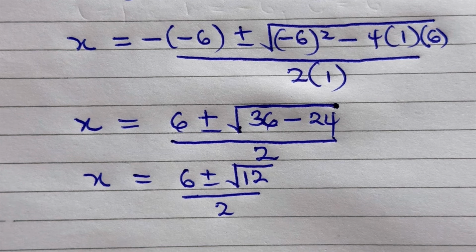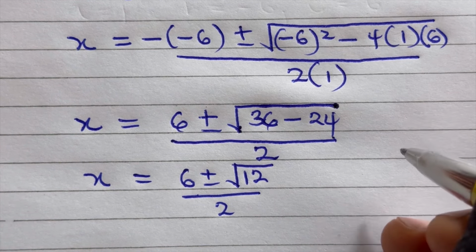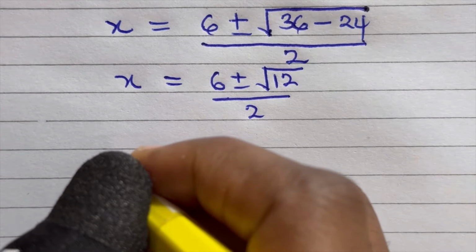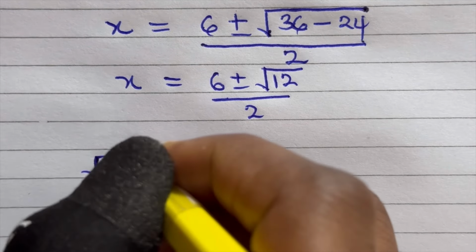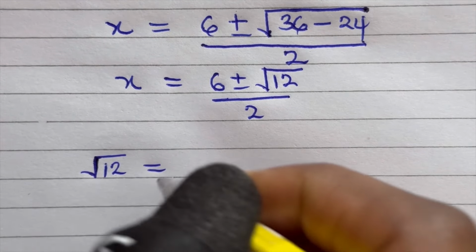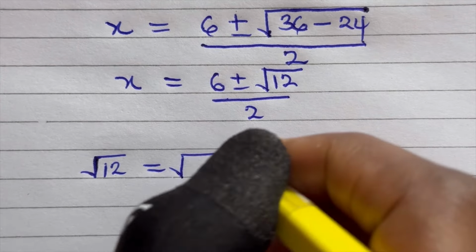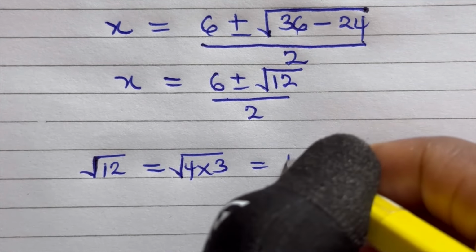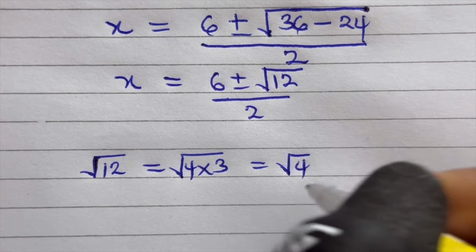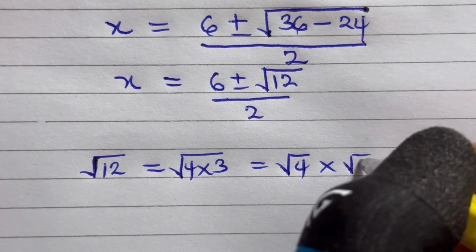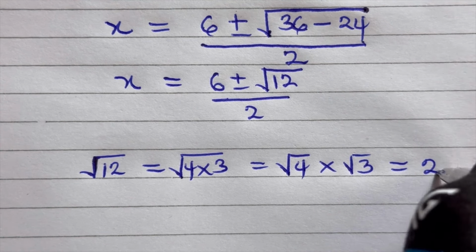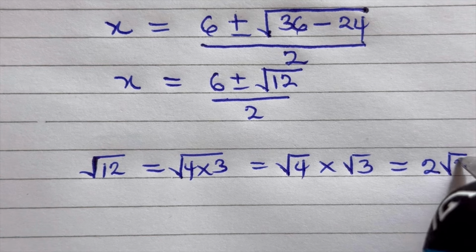We are going to do a very quick simplification. The square root of 12 can be written as square root of 4 times 3, which can also be written as square root of 4 times square root of 3, which can also be written as 2 times root 3, which is 2 root 3.